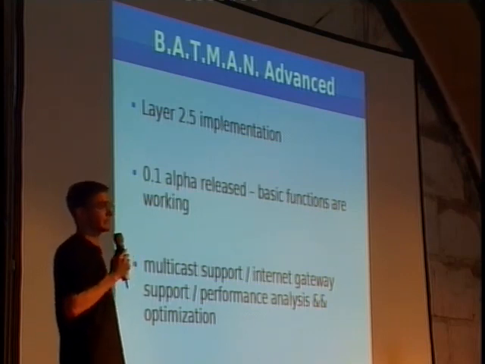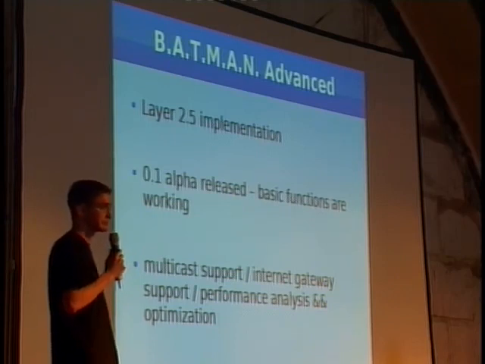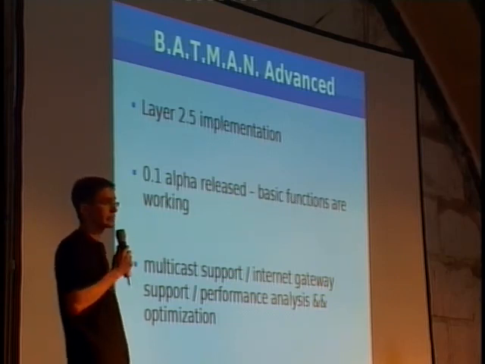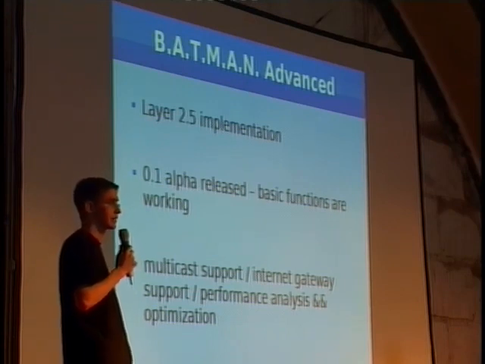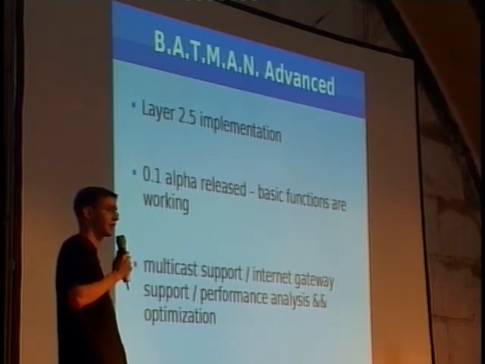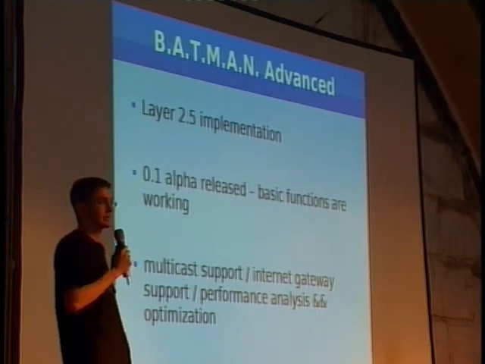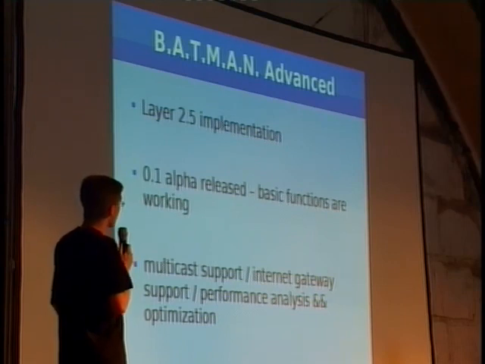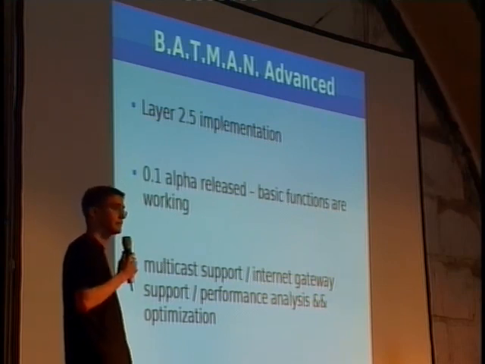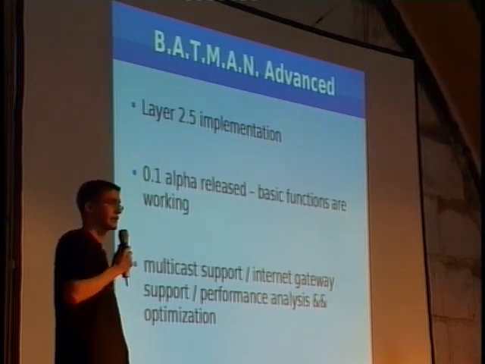You don't need any IPs to make it work. You can run practically all protocols on top of Batman Advanced, like DHCP, IPX, or IP version 6, or whatever you like. It does not depend on the routing daemon anymore. In this case, Batman will transport all your data from one destination to the other.